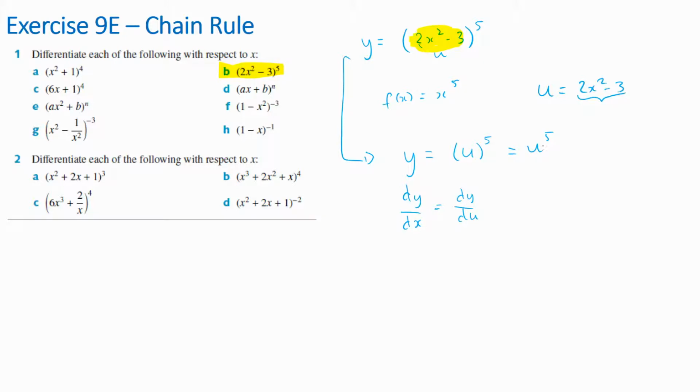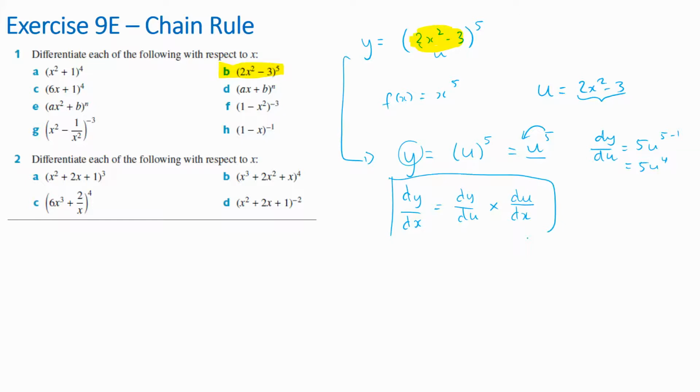We know dy du, because this is y and this is u, so the derivative is just bring the power down, 5u to the power of 5 minus 1. So it's 5u to the power of 4. That's dy du, times du dx. This was the rule for the chain rule.